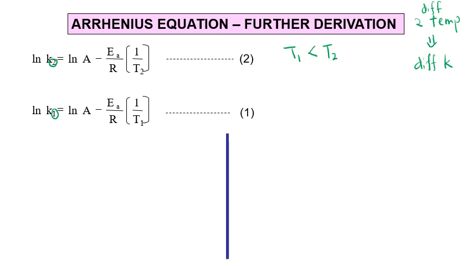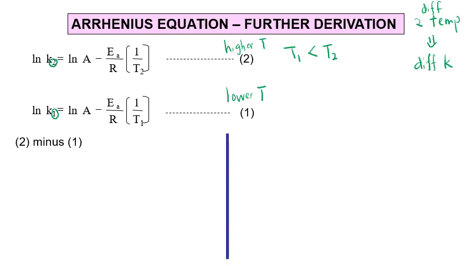To make the calculation easier, we use equation 2 minus equation 1, which means we use the linear Arrhenius equation for the higher temperature T2, and the lower temperature for T1. Actually either one is okay, but normally we prefer to give T1 for the lower temperature and T2 for the higher temperature.